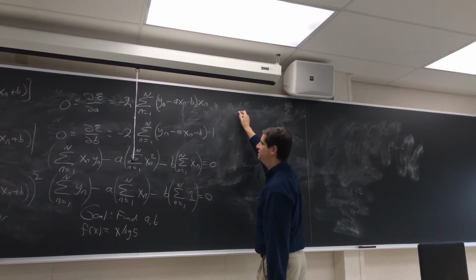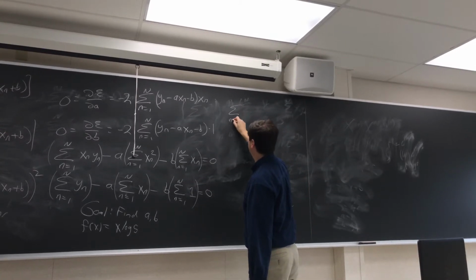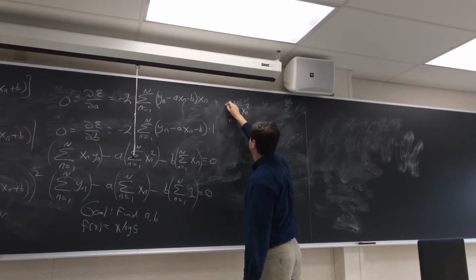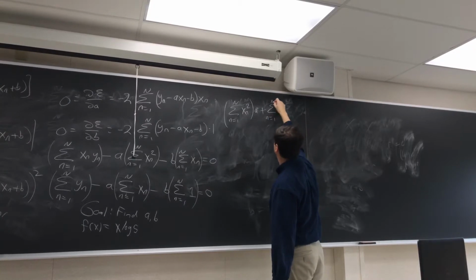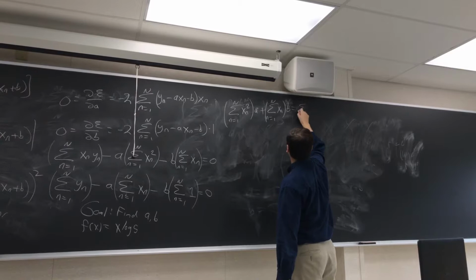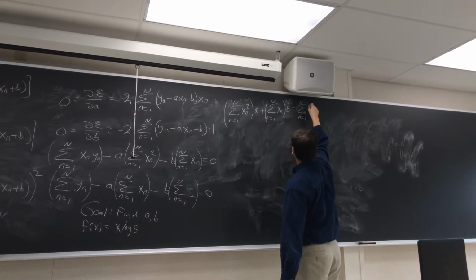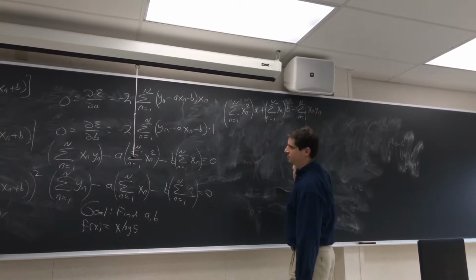All right. So now we would get the sum, n goes from 1 to n of xn squared times a, plus the sum, n goes from 1 to n of xn times b, is the sum, n goes from 1 to n of xn yn. That's the first equation.